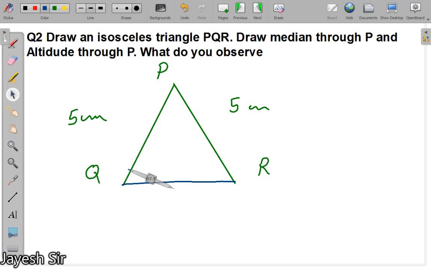I will shorten the length of this compass and I will place it here. So from point Q we will draw an arc above and an arc below QR.